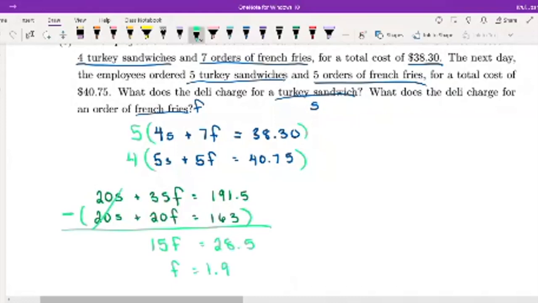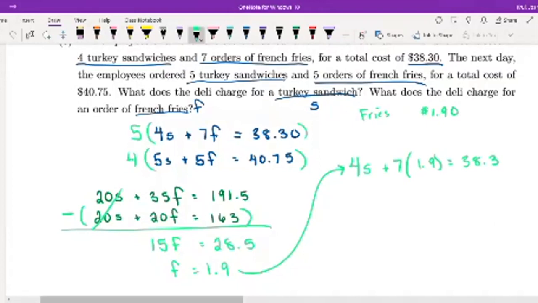That 1.9 is money, so that means that the fries cost $1.90. So to figure out how much the sandwiches cost, we're just going to take that 1.9 and plug it into one of the original equations for the F. So let's do the top equation. 4S plus 7 times F is equal to 38.30.